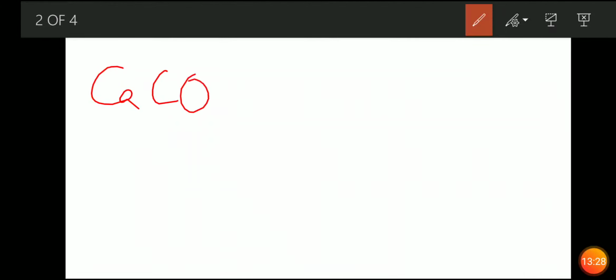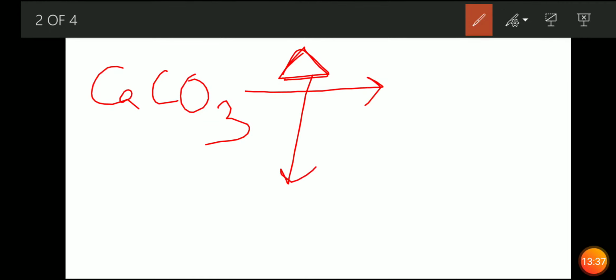Okay, now next, you have to show whether it is evolving heat or not. If it is evolving heat, you will write plus heat. But whenever you are using heat in the reaction, suppose CaCO3, calcium carbonate, we are supplying heat. You can use this triangle to indicate heat.